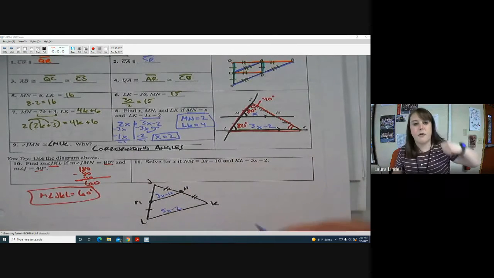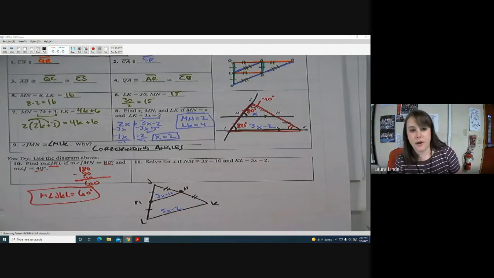Okay, so pause the video real quick and try this one on your own. See if you can find an equation that would help you to solve for x. Then go ahead and solve it and check back in to see if you got it right. And then I'll solve it here as well.